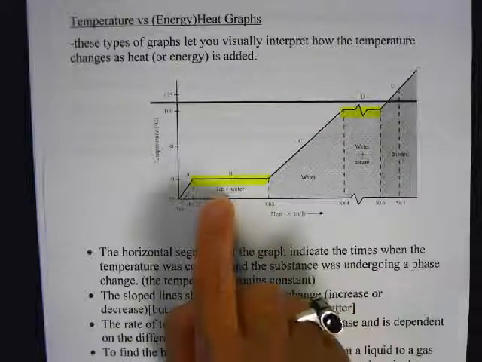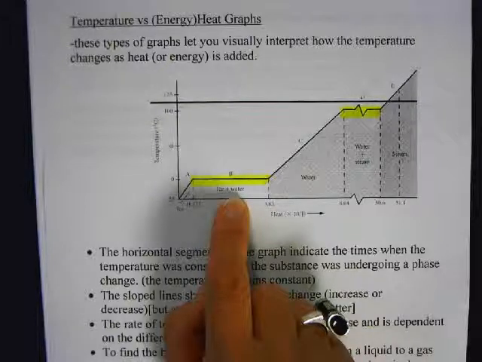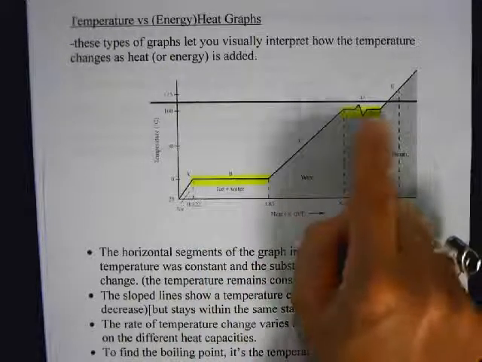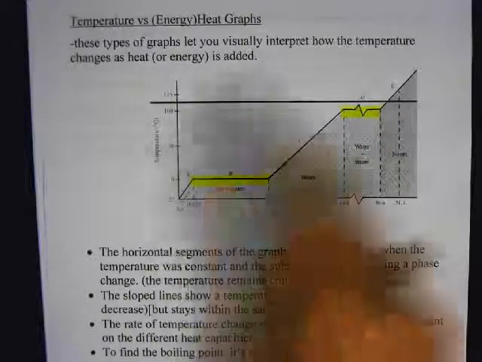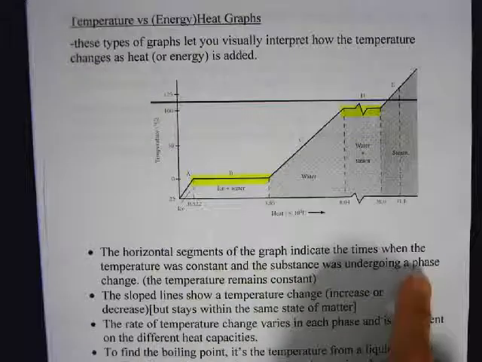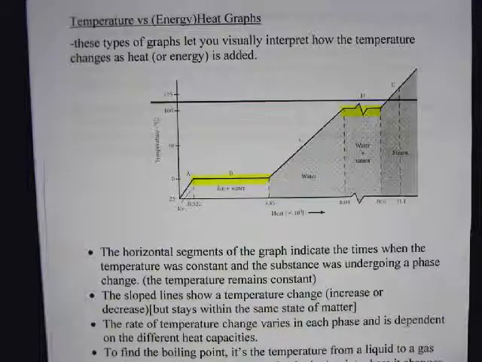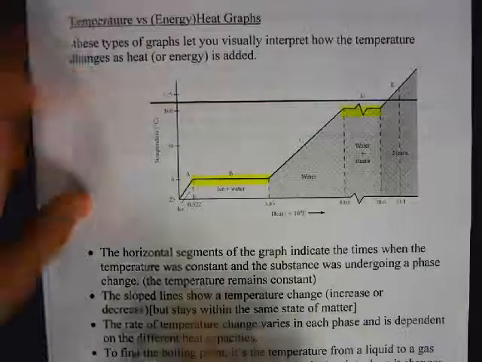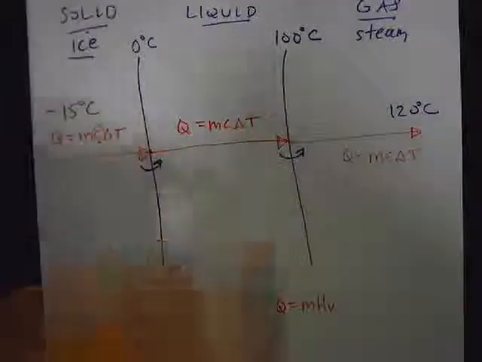But this could be ice or this could be water at 0 degrees Celsius. At 100 degrees Celsius, it can be either water or steam. So these horizontal lines represent when it's changing phase. If you remember the other one that I showed you, this horizontal line here is the border line.